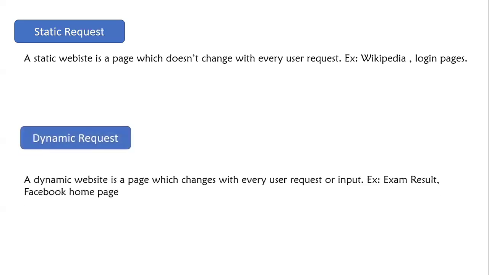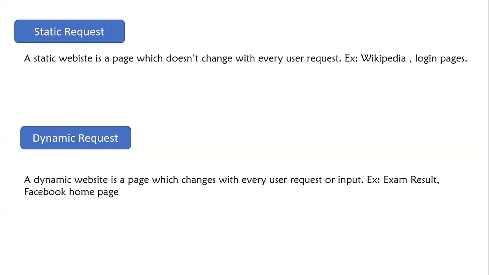Coming to dynamic requests, it's like your exam result. Based on your hall ticket number, the page output changes. Every hall ticket number will have a different result compared with the previous one. And the Facebook homepage, if you give a username and password, is not the same for every user. It varies from one person to another person. So that's a dynamic request.